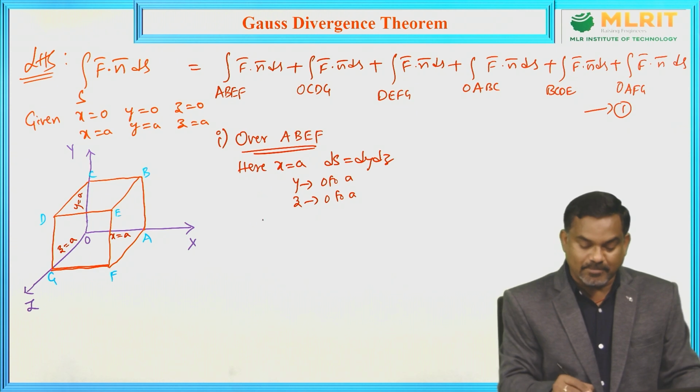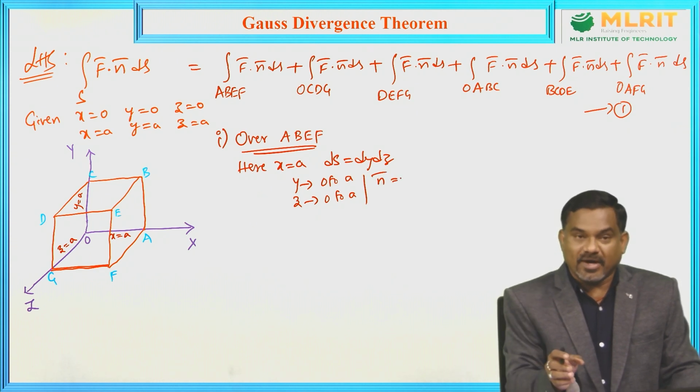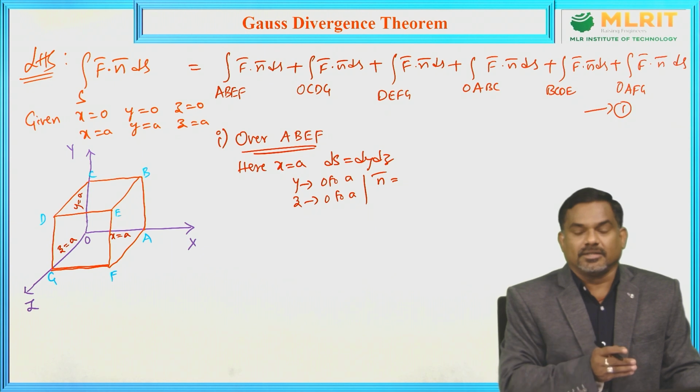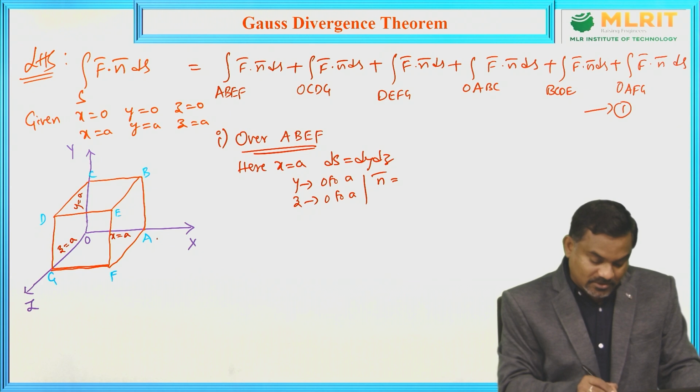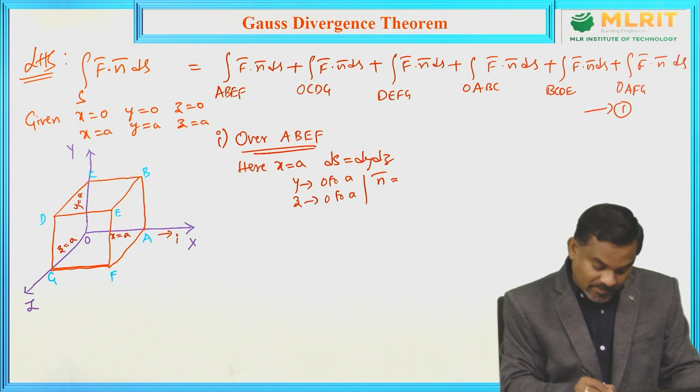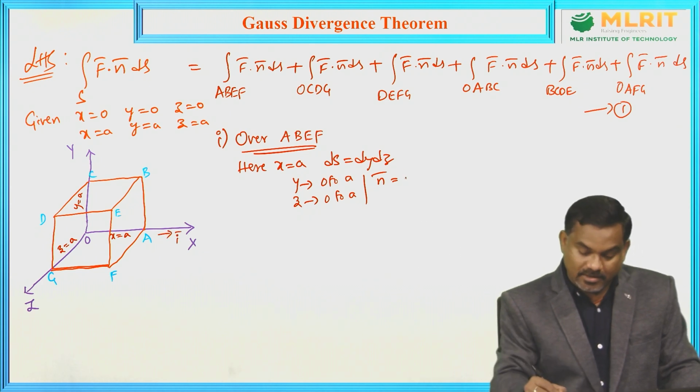And what is n bar in this case? N bar, for YZ plane, the outward vector is along the x-axis, and along the x-axis the unit vector is i bar. So this direction, this is i bar. N bar is i bar.